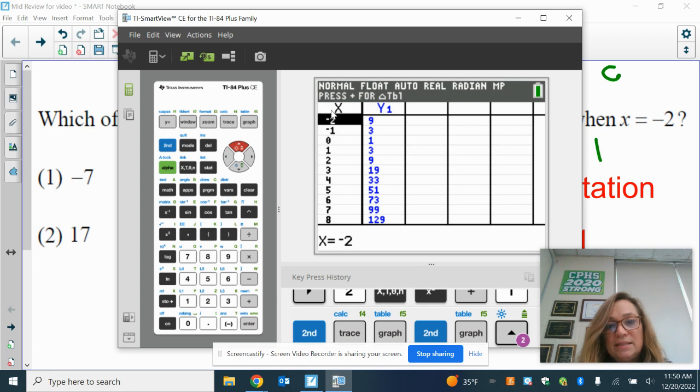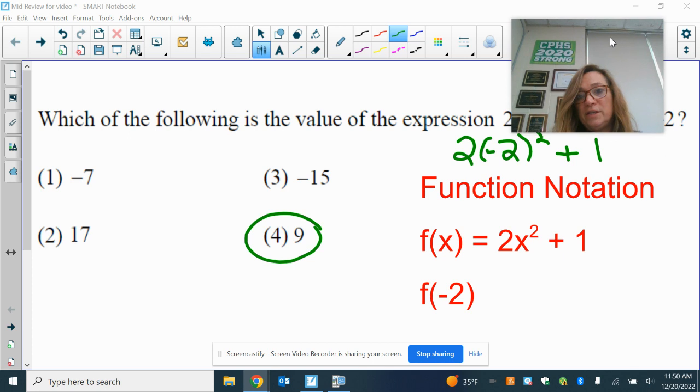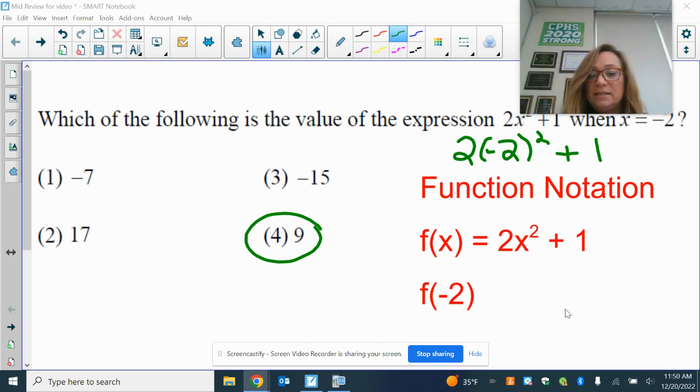So when x is negative 2, the answer is 9. All right, keep in mind that if they give you the answer, you're looking for the input, which would be the x. The output is the y, the input is the x. This can also be written in function notation, which would look like that.